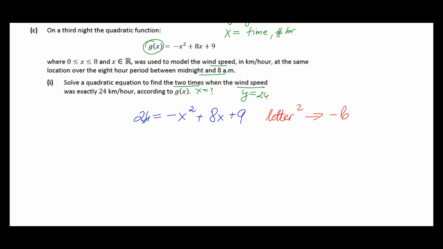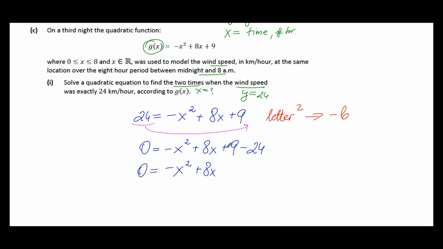So before we can proceed, we have to take that 24 and move it to the other side of the equation. What happens then? We change the sign to the opposite, isn't it, when we move an item from one side of the equation to the other side. And then we put in our calculator plus 9 minus 24, and we get minus 15.